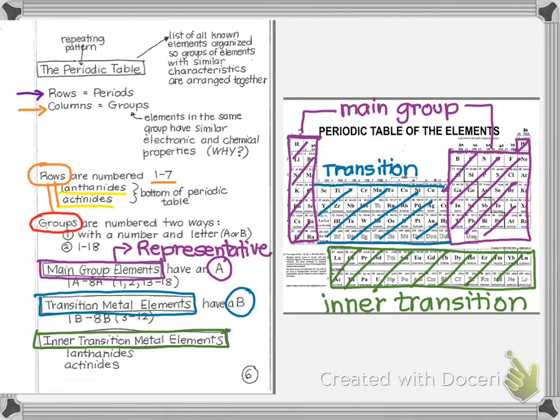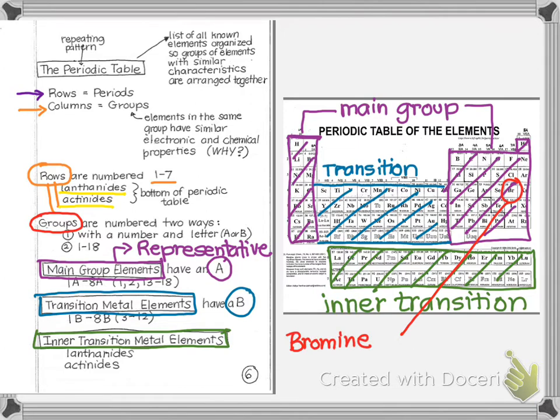But if I said what group or what part of the periodic table bromine is in, so if I find bromine right here, okay, so if we were discovering, let me use a different color, red. Okay, so here is bromine, right? So that's bromine.